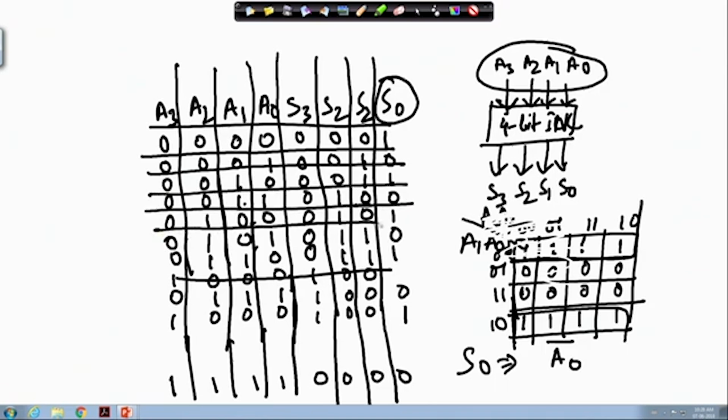Then if I go back, for 4, what is the value? 0 here. And for 5, this is 1, for 6, this is 1, and for 7, this is 0.